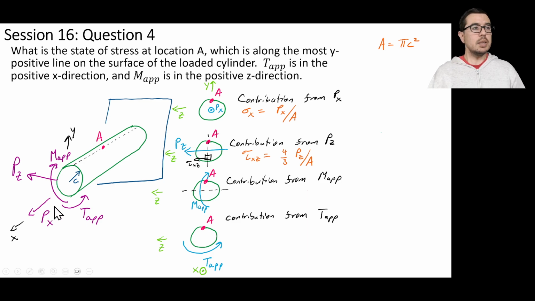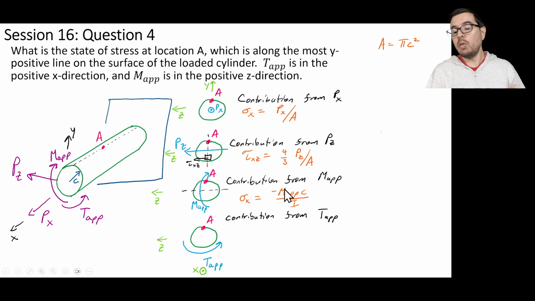What is its magnitude? Well, we know that the flexure formula tells us that bending stresses are going to be negative My over I. And so we get negative M_app, which is the bending moment, times c, that's the radius, over I. And it's negative also just because y would be positive upward here, if we want to look at it that way.